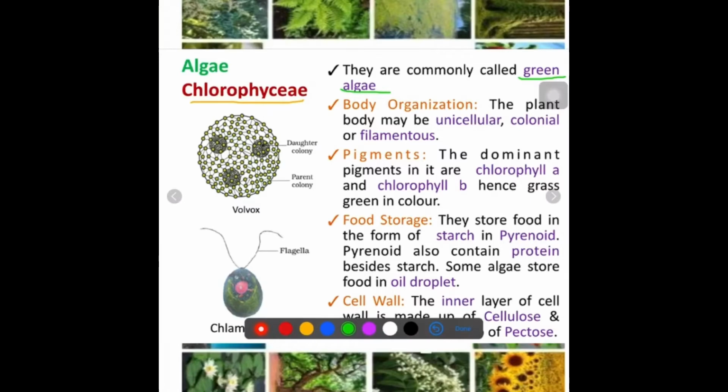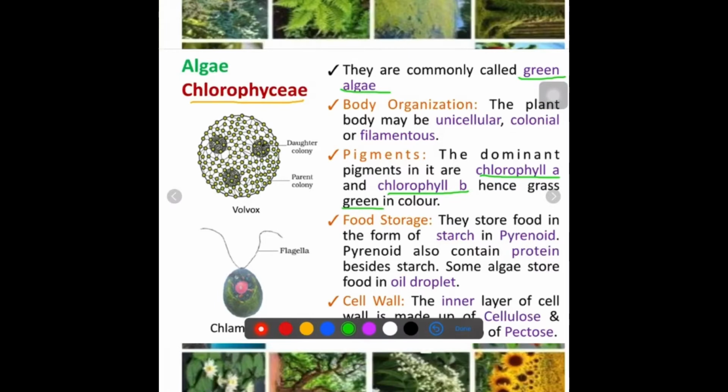Because here it contains pigments called as chlorophyll A and chlorophyll B. These 2 pigments are present in the chloroplast of this algae, and due to the presence of this pigment, their color is green, or the grass green in color. So which pigments are present in it? Chlorophyll A and chlorophyll B. These are the pigments you can find in a Chlorophyceae.